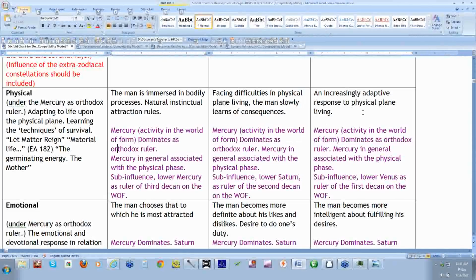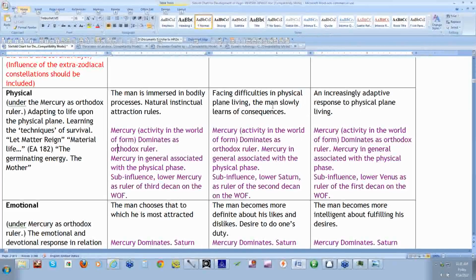Now, it says an increasingly adaptive response to physical plane living. If we look at Mercury as ruling the 30 to 20, now that would be the way Sepharial would look at it. If we look at Venus here, there would be a strong sacral center involved and strong physical attractions under the spell of instinct matter.